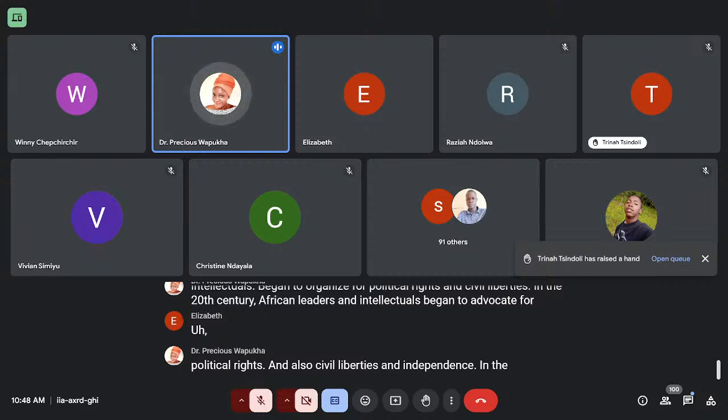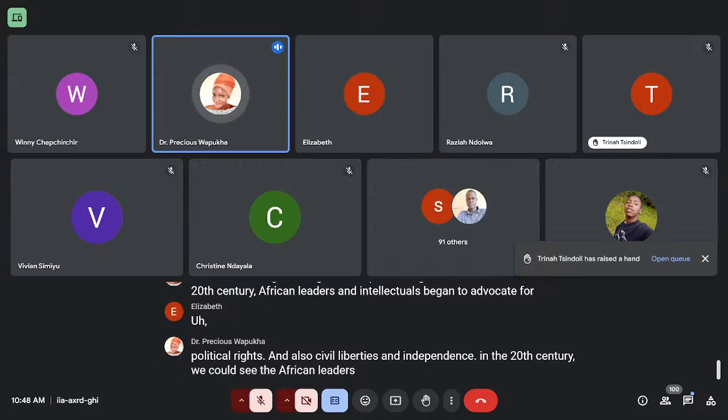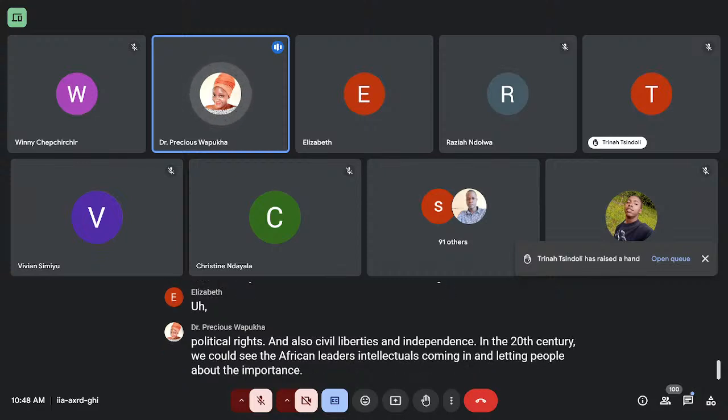In the 20th century, we could see the African leaders and intellectuals coming in, enlightening people about the importance of political rights, civil liberties, and independence.